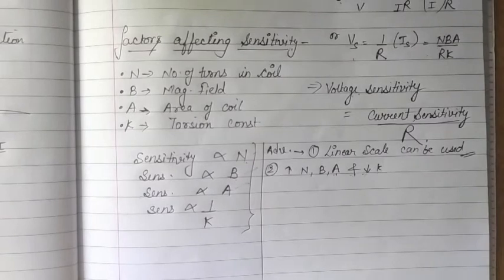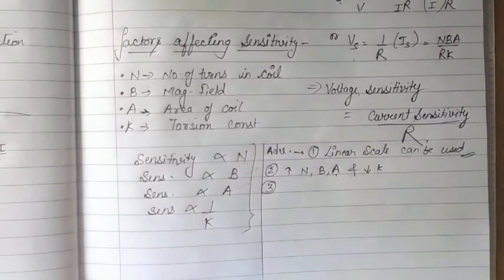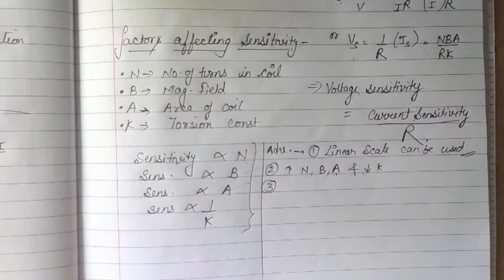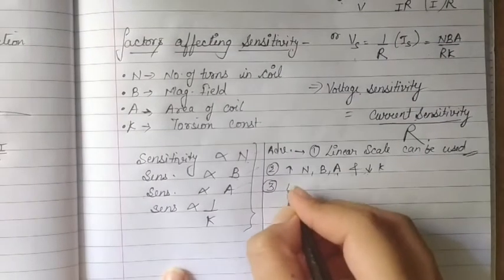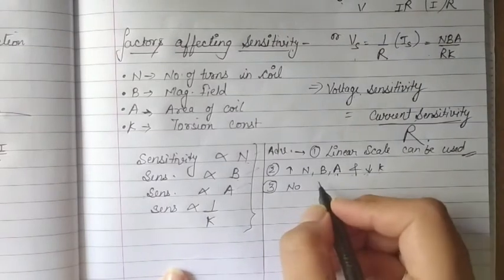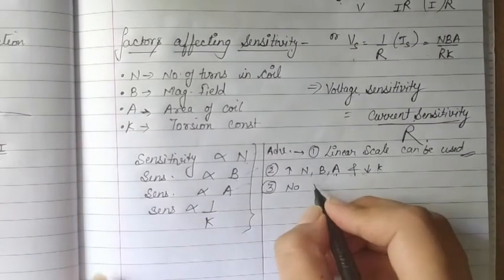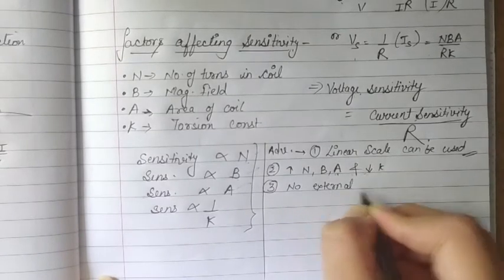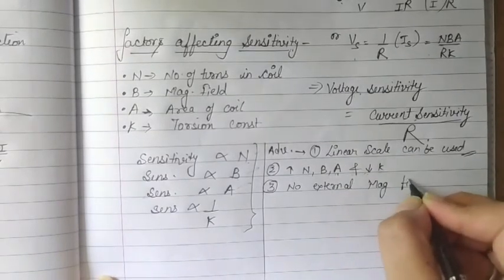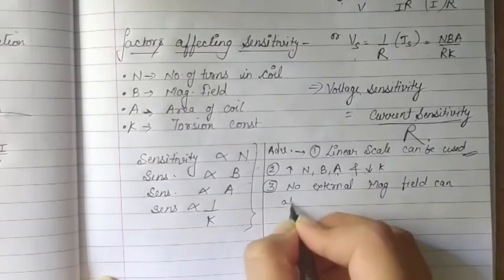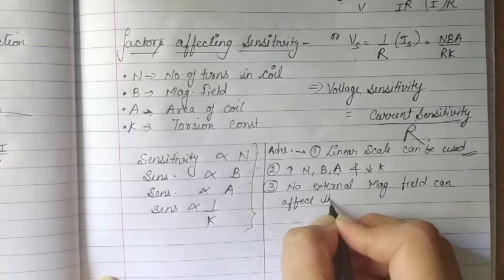The next thing is the coil is placed in a strong magnetic field of a powerful magnet. That's why its deflection is not affected by external magnetic fields. Because of the presence of the magnetic field of a powerful magnet, no external magnetic field can affect the deflection.